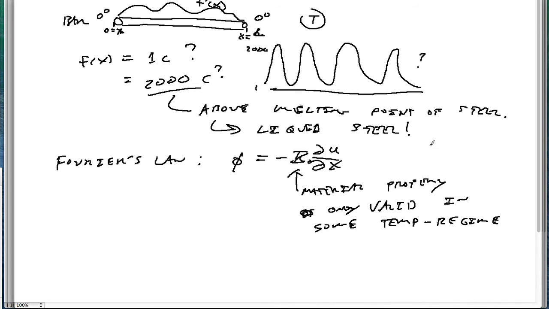If we have a change of phase from solid to liquid, we wouldn't expect Fourier's law to be valid over both of those different phases at the same point. So from a real-world perspective, whatever our K constant is, our thermal conductivity, it's really only valid for some range.